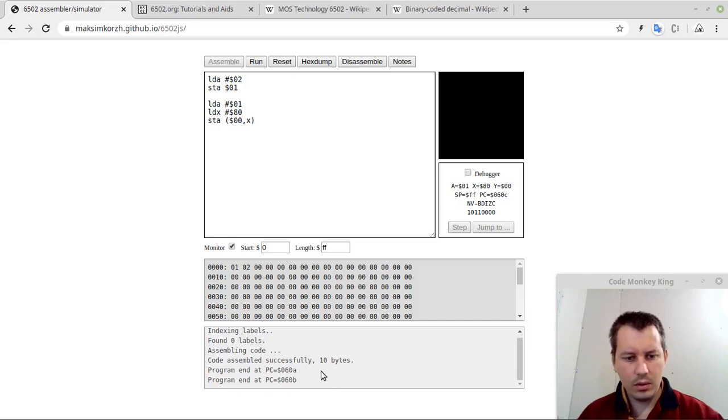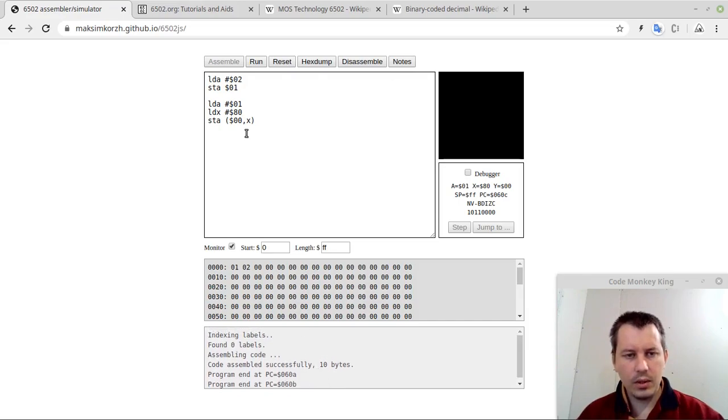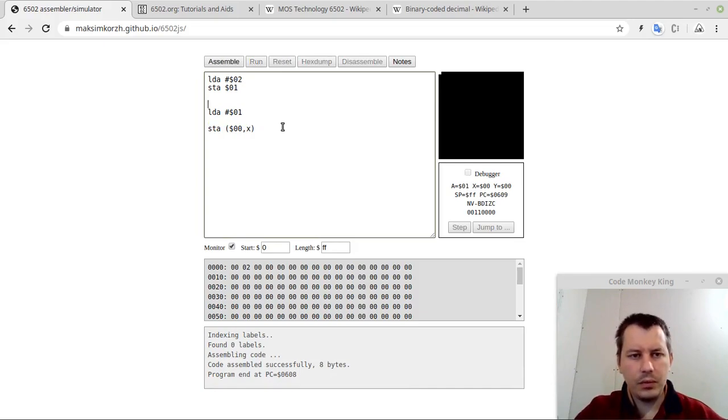Sorry, 10 bytes successfully. What did I do wrong? Okay, first let's initialize the X register, or otherwise it just doesn't work as expected.